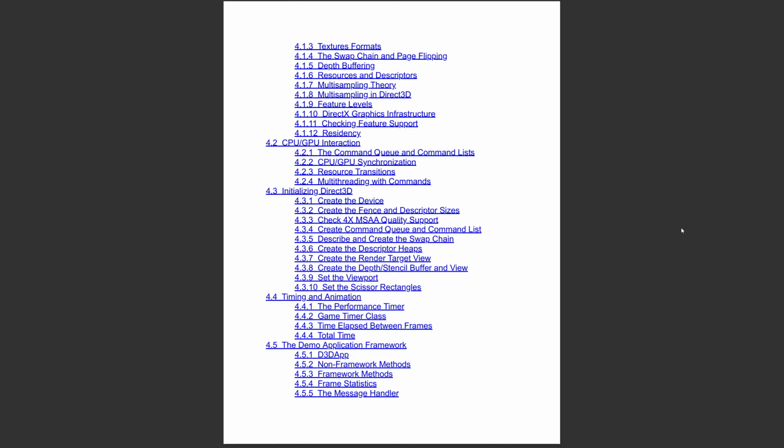We talked about the COM objects, texture formats, swap chain and page flipping, depth buffering, resources and descriptors, multi-sampling theory, multi-sampling and Direct3D. As we're talking about feature levels, DirectX graphics infrastructure, the DXGI, and checking feature support and residency.